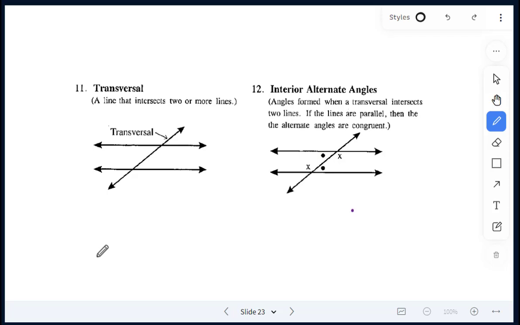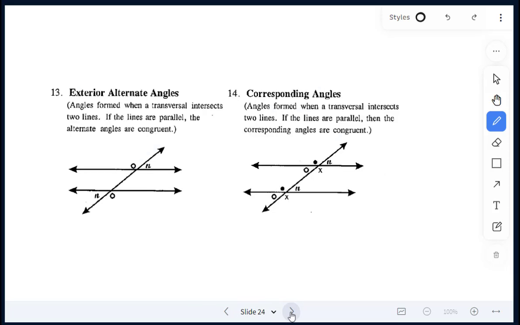So these are angles that are formed when a transversal intersects two lines. If the lines are parallel, then these alternate angles are congruent. So this angle would be the same as this angle. This angle here would be equal to this angle. They are congruent.